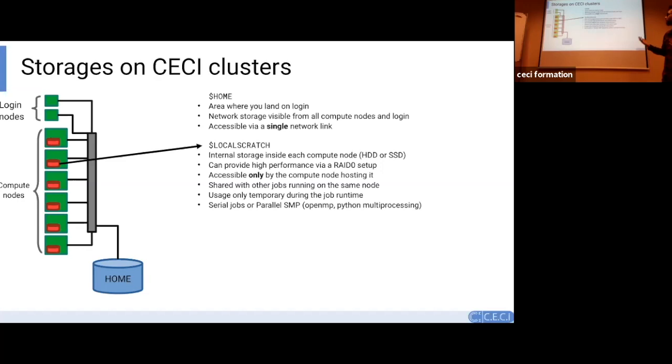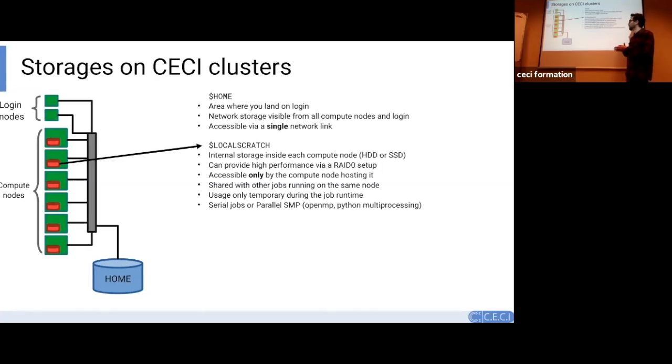We can improve the performance by setting the different hard disks or SSDs in a RAID 0 setup, but in principle it is limited to the amount of storage that I can connect in a single machine.